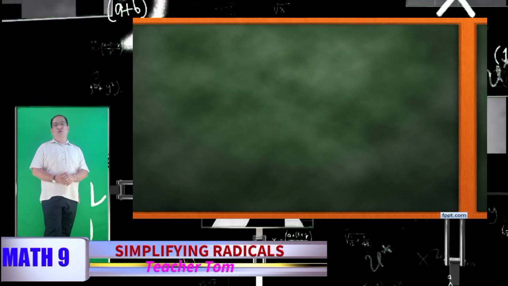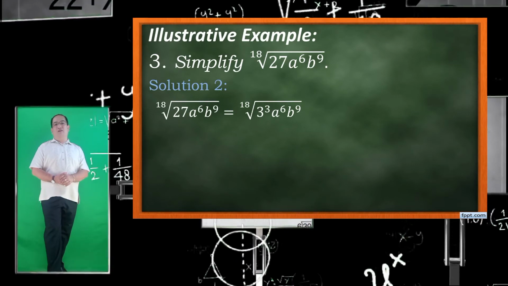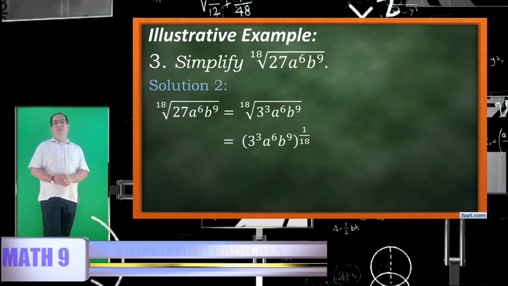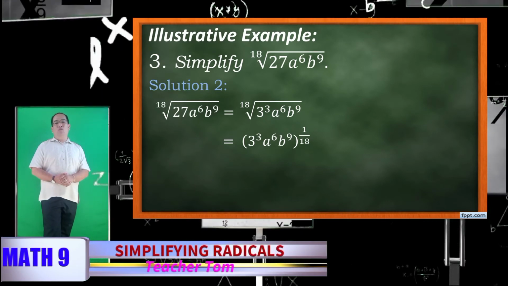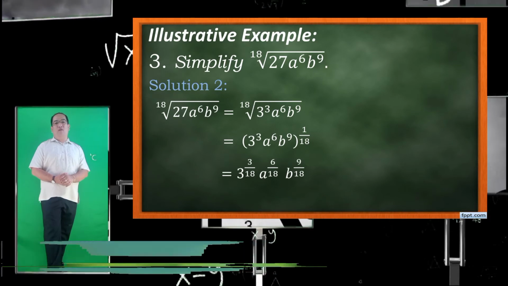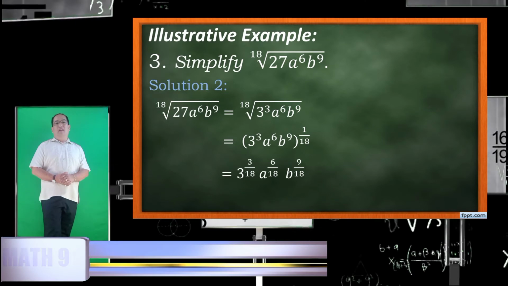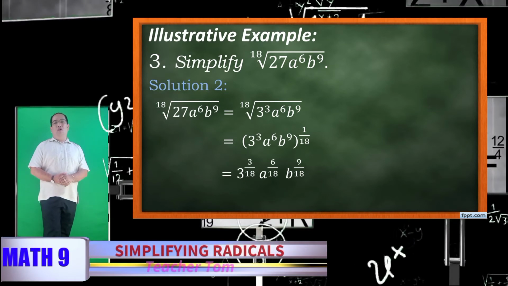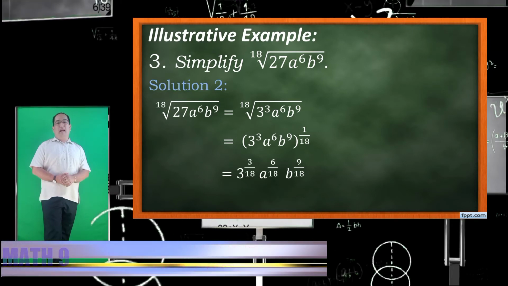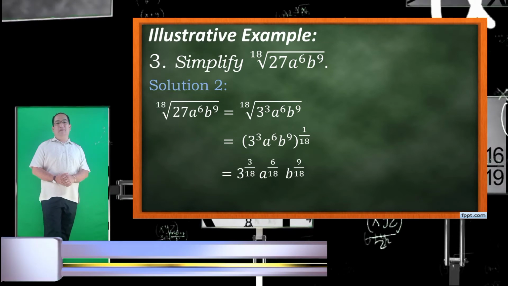How about solution 2? So again, express the radical form into exponential. So we have the quantity 3 cubed, a to the 6th power, and b raised to 9, raised to 1 over 18. Applying distributive property, we have 3 raised to 3 over 18, a raised to 6 over 18, and b raised to 9 over 18.